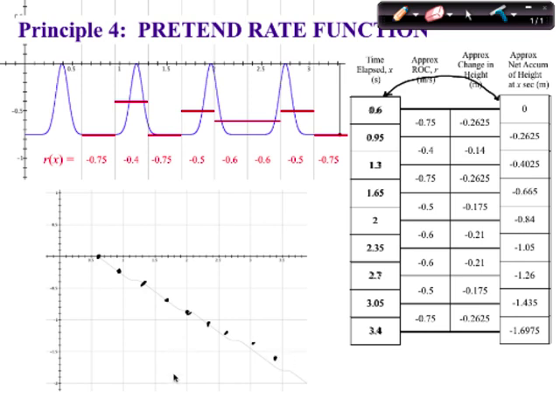Okay, so what about in between? Based on this approximate rate function, in between, does it have these curves like the one that we're after? If it's based on these constant rates of change, then what should it look like in between these points? Linear. If we've got constant rates of change, from 0.6 to 0.95 we have a constant rate of change, and we start here, we end up here.